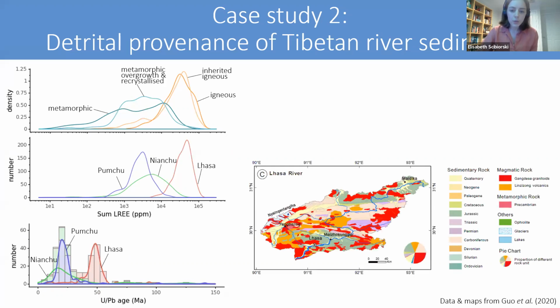And this matches what we see of the source regions of the rivers as well. So this is a geological map of the catchment area of the Lhasa River. And the main thing to note here is that about a quarter of it consists of this red unit, which are Gangdese granodiorites of around 50 million years of age.